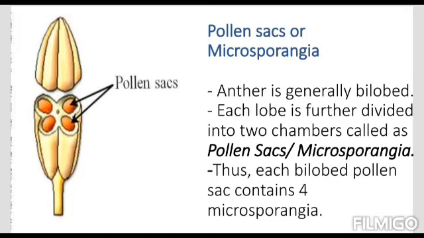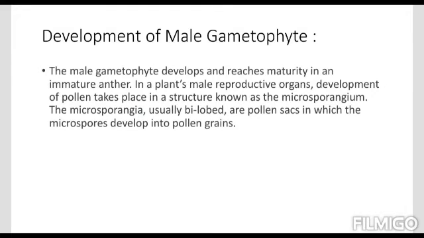The anther in the Malvaceae family is single lobed and has 2 microsporangia, and pollen grains or microspores develop in the microsporangium. The diagram shows that each lobe is further divided into 2 chambers, so in total a 4-chambered structure.